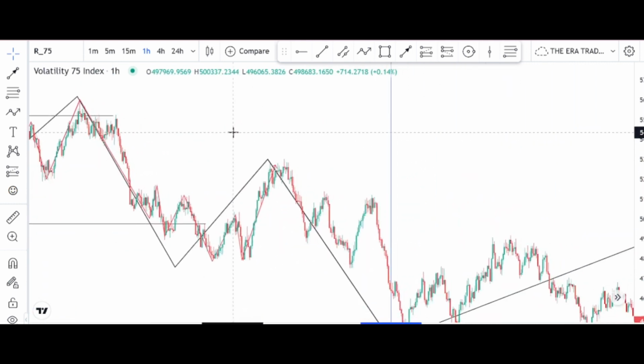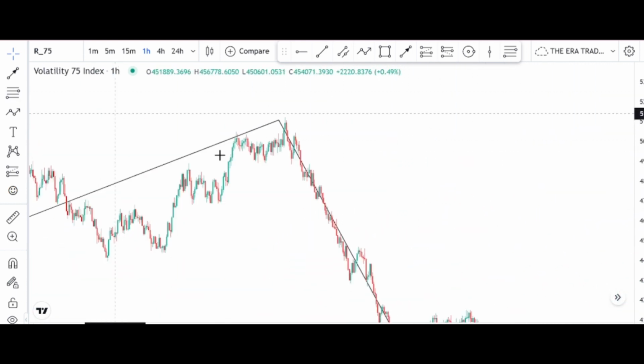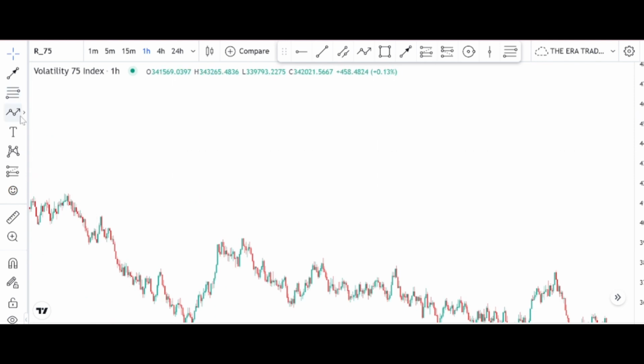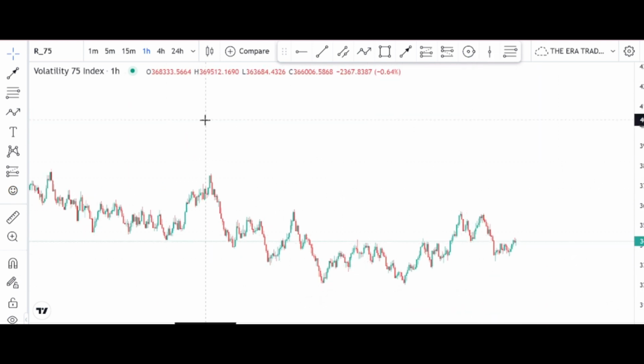So most people are confused when they just see, okay, on the daily time frame, market is bullish. That's why you must understand the market.